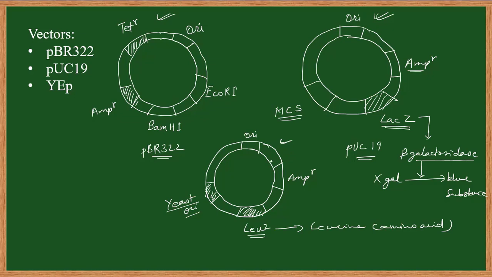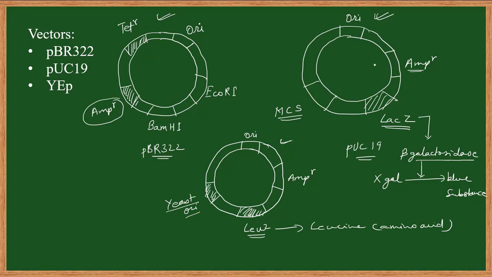Okay, so there are different selectable markers. When we see the selectable markers, first is the ampicillin resistance gene. What is its function? If the medium has the antibiotic ampicillin, then cells containing this type of vector will grow, meaning these cells have resistance power.